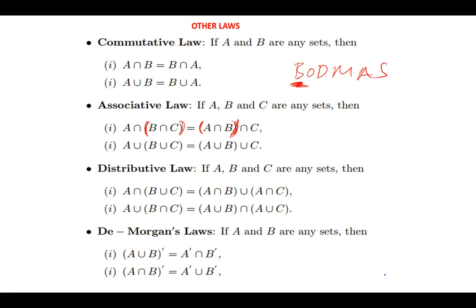So if you start with B intersection C, and then you intersect it with A, it's just the same as starting with A intersection B, and then intersecting it with C.